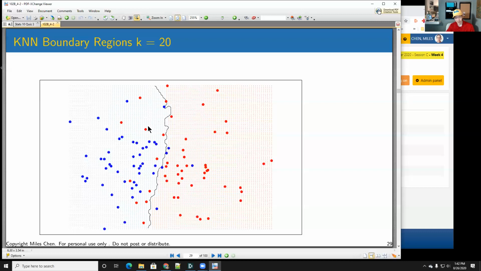The other drawback is if you have a very large data set, it gets computationally expensive. Calculating your distance to every data point gets very expensive. You can reduce that by randomly sampling data points, but then you're subject to a lot more variation, right? Bias variance trade-off. So that's what you end up getting.